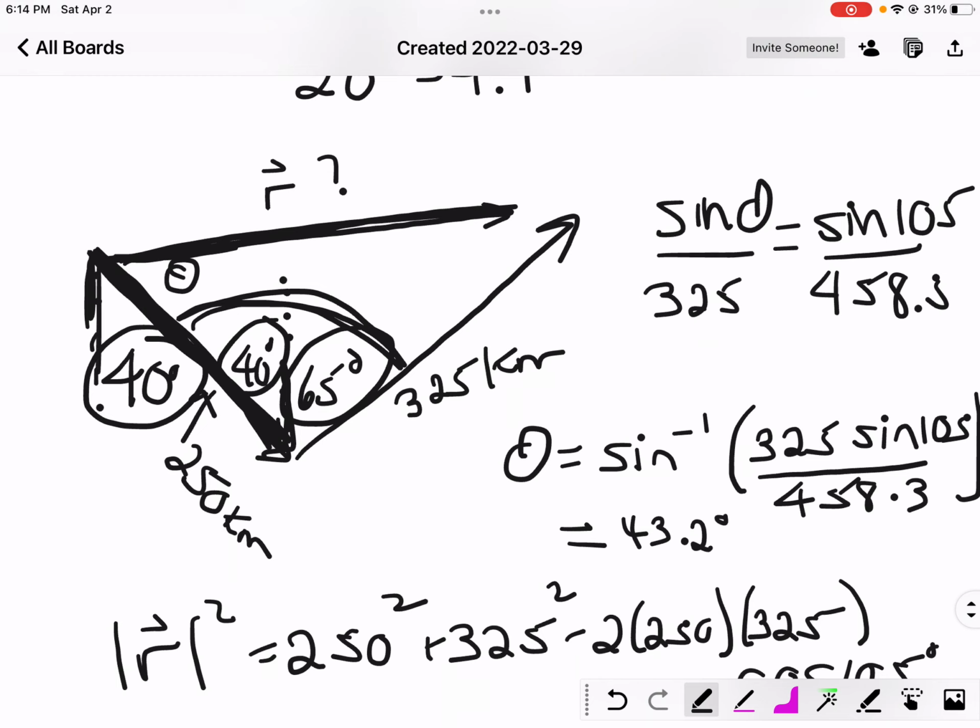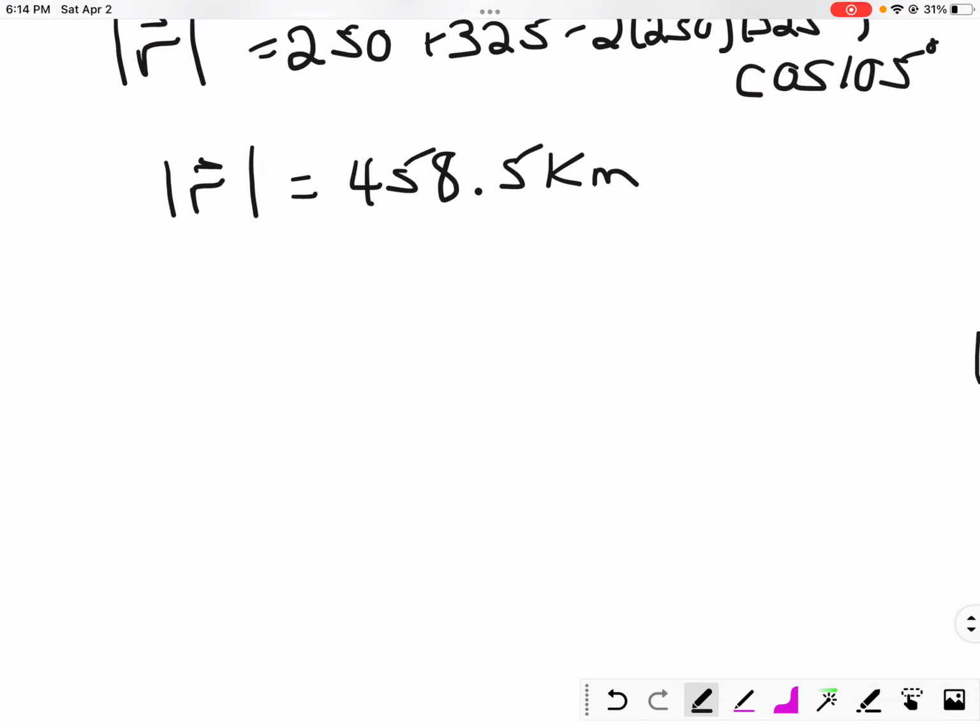And that arm is 40 degrees from due south. So this whole angle right there is 40 degrees plus our 43.2. So actually, it's going to be 83.2 there.